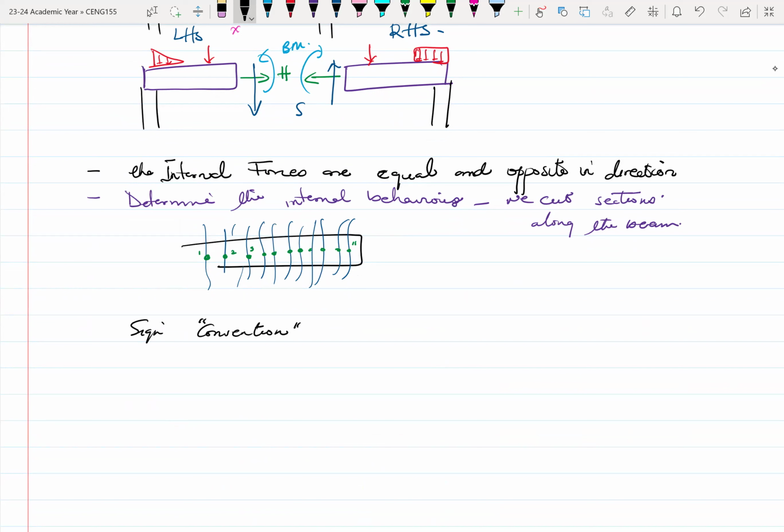It doesn't make a different process wrong, but this is a process that we all agree with. As engineers, we also need to agree on one style of doing something so that it is easy for any other engineer out there to understand what one engineer is doing. So we usually have a lot of these agreements in terms of how things should work. One of these has to do with the sign convention for these internal behaviors.